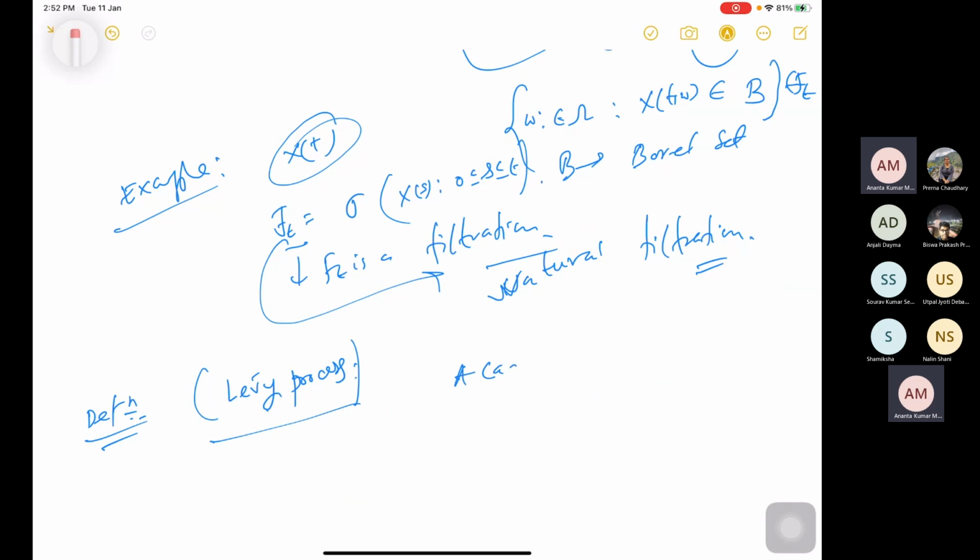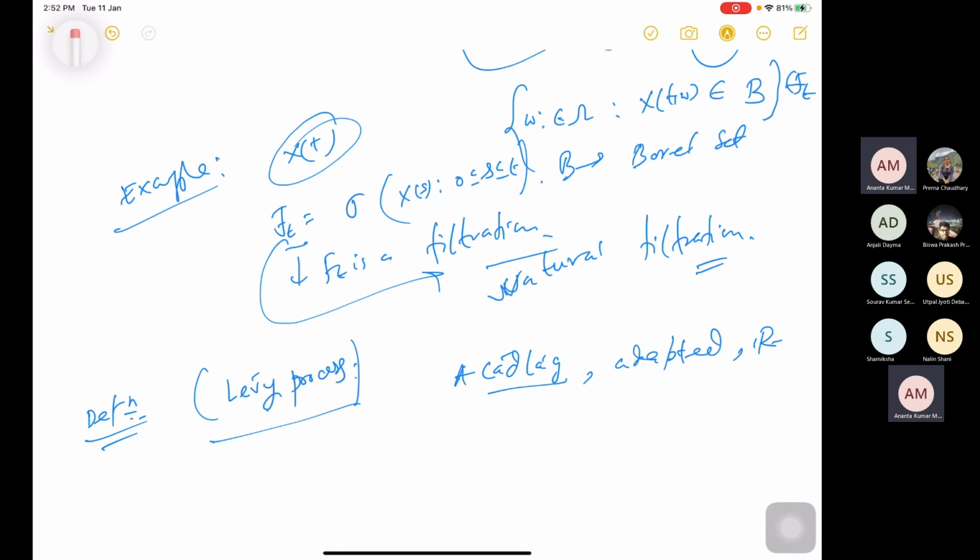A cadlag, and you already know what a cadlag is: it is right continuous with left limit existing. It is not continuous, only right continuous with left limits existing. Adapted means that for each t, Xt is Ft adapted, where Ft is the filtration given to you.